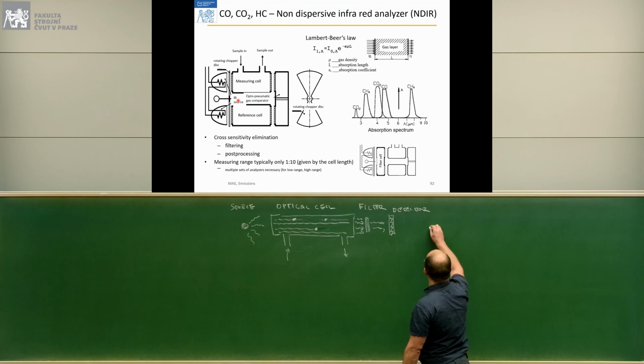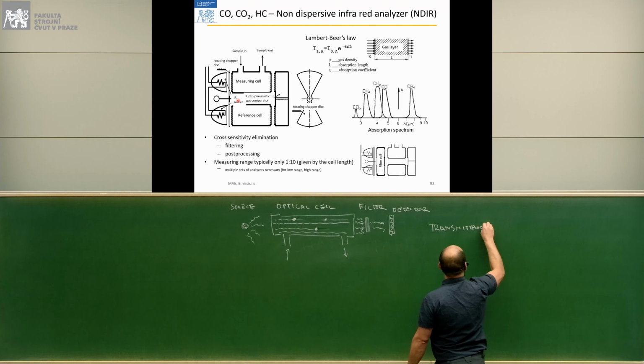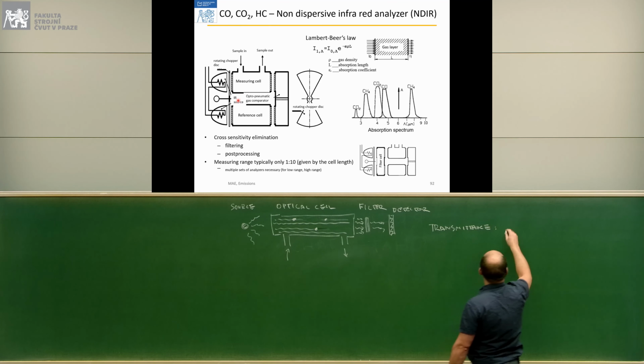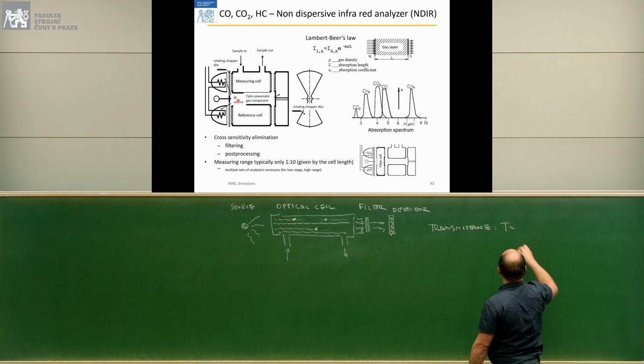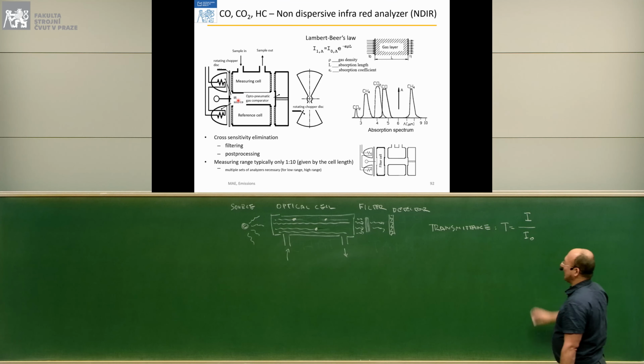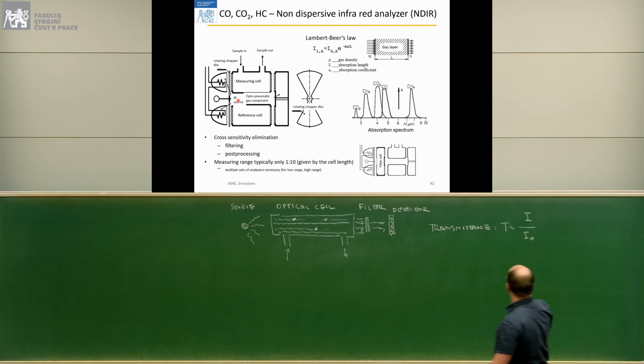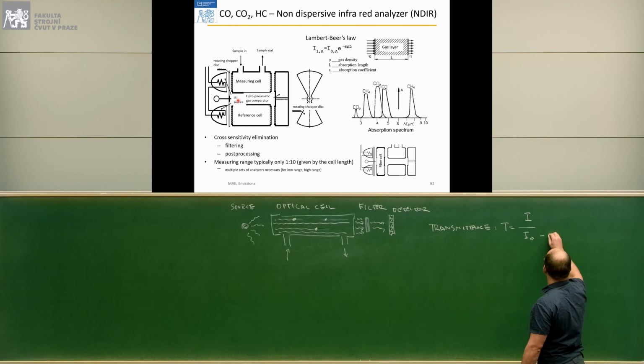What is measured is transmittance. T is a ratio of the intensity of the light transmitted over the intensity of the light with no measured gas in its path. That's called I0.